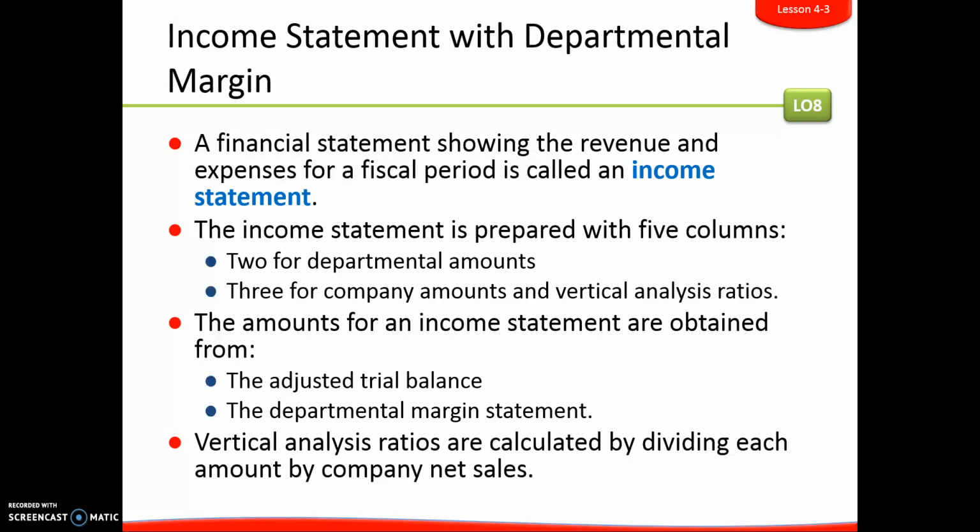The amounts for completing our income statement are going to come from our adjusted trial balance, which we did in 4.1. We're also going to need the information from our departmental margin statement, which we completed in 4.2. Vertical analysis ratios, of course, are calculated by dividing each amount by our company net sales. That's something we've done before, so that shouldn't be too new for us.